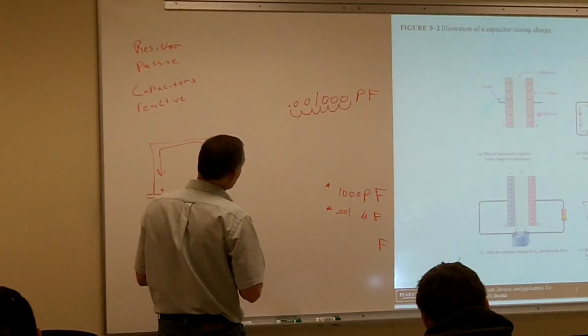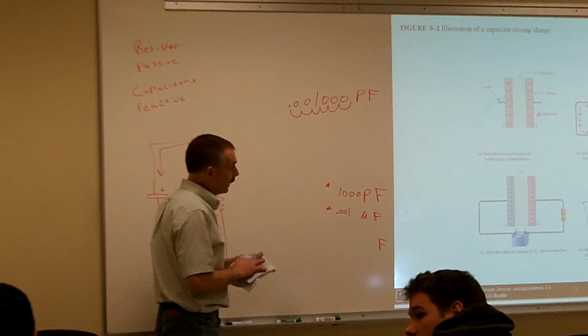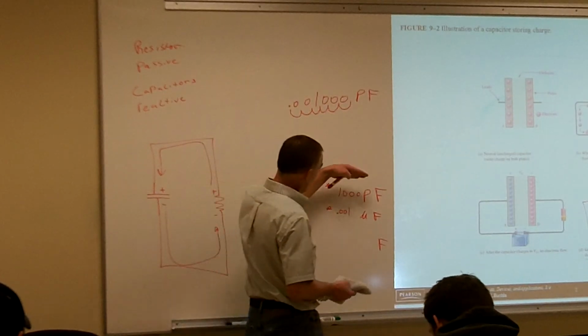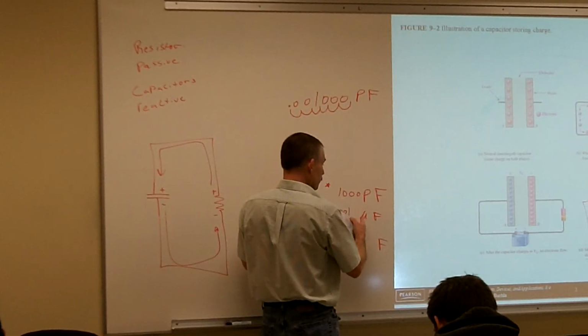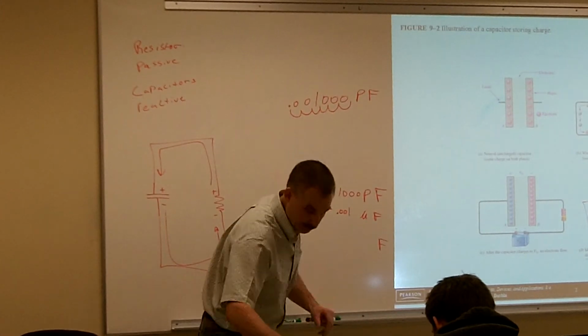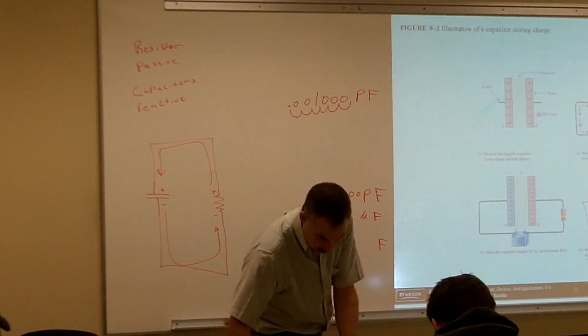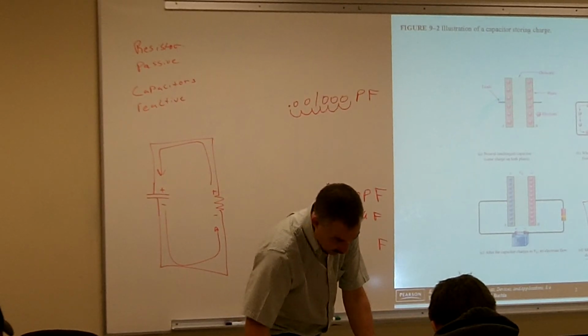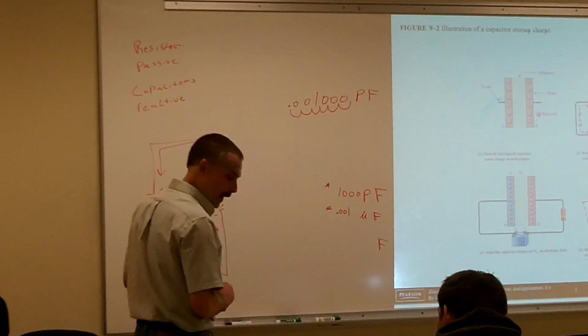All right, so when we're looking at our different units here, we know that we have picos and micros and stuff like that. And, kind of jumping around here, on page 400 they talk about capacitor labeling.